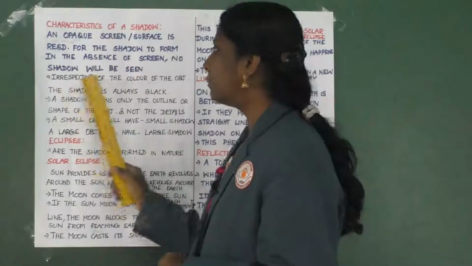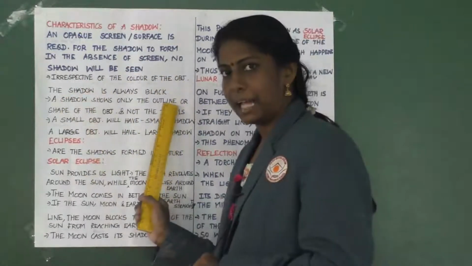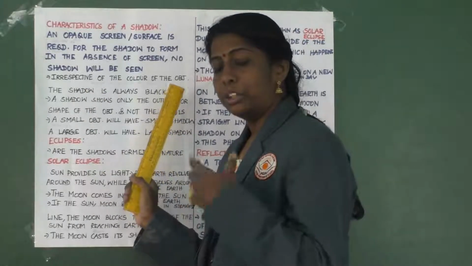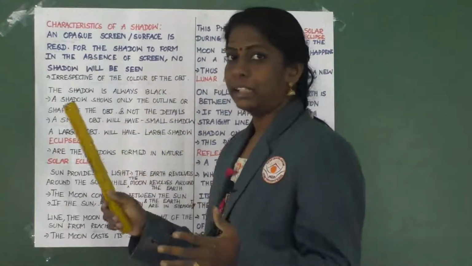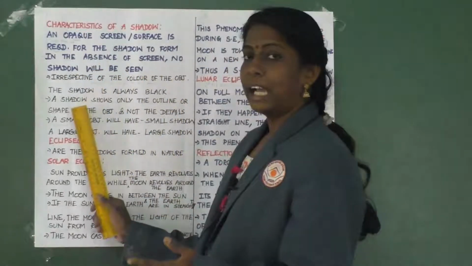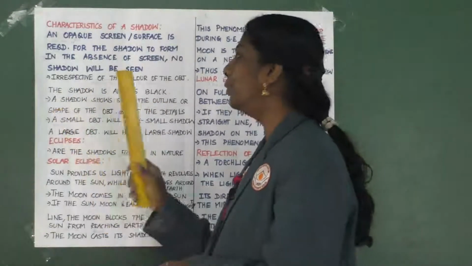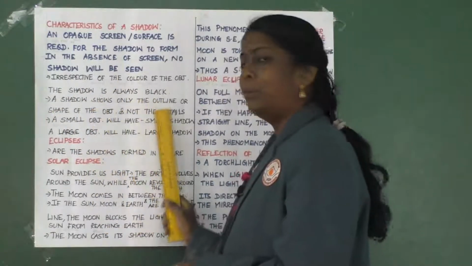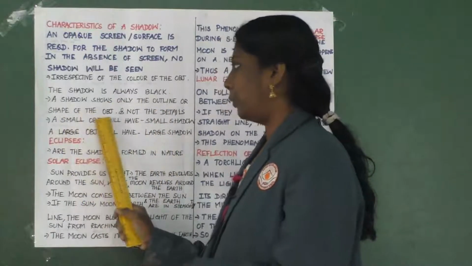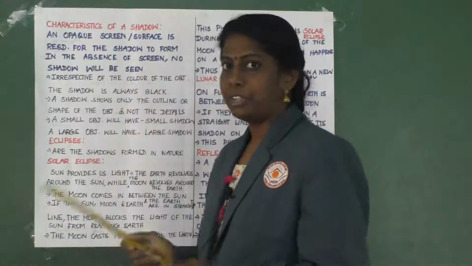Irrespective of the color of the object, the shadow is always black. The original object might be of any color, but the shadow is always black. A shadow shows only the outline or shape of the object.